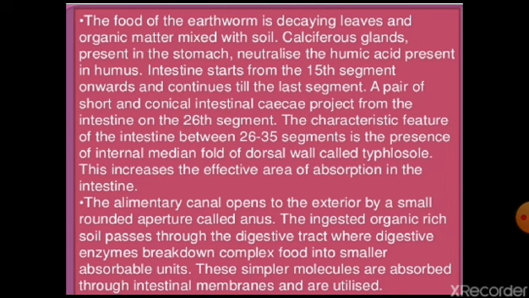A pair of short and conical intestinal caeca projects from the intestine on segment number 26. The characteristic of intestine between 26th to 35th segment is the presence of the internal median fold of dorsal wall called the typhlosole.